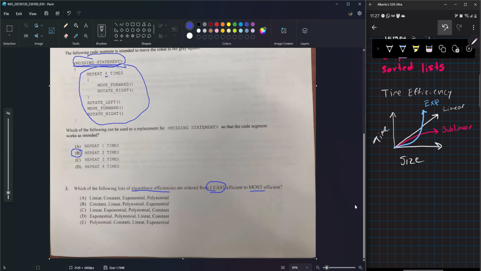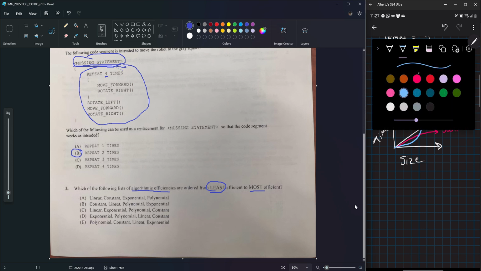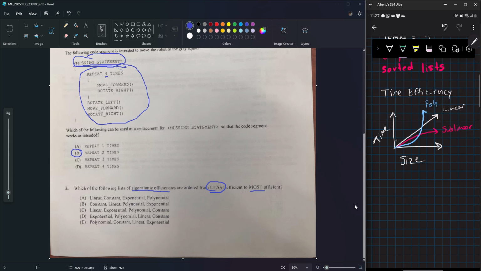No, that's not exponential. That's polynomial. And then you have the one that goes like this. This one is exponential.